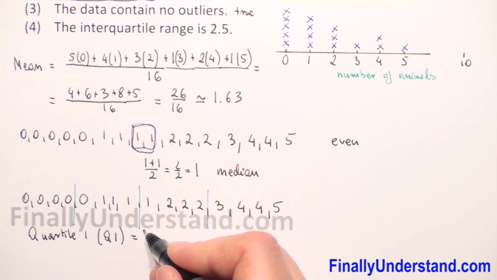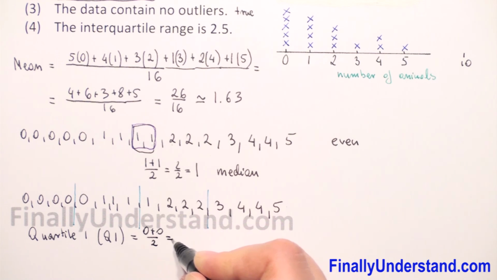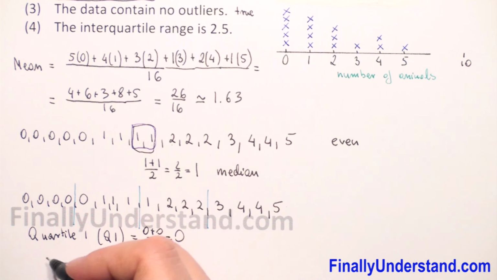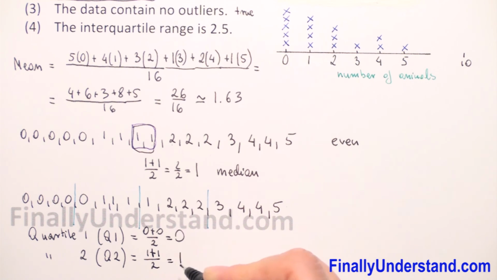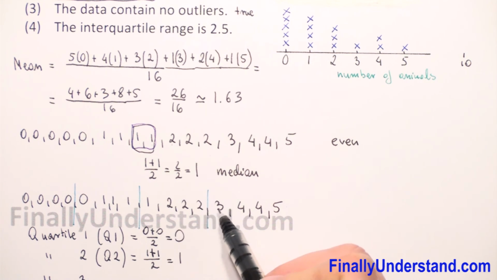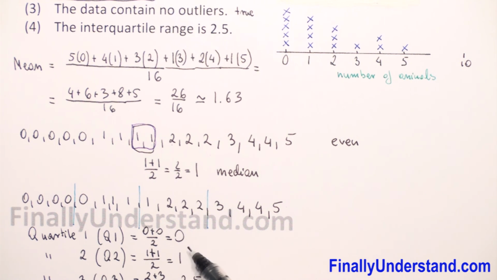So we have 0 plus 0 over 2, so it will be 0. Next, the second quartile will be Q2. What is 1 plus 1 over 2, so this is 1. And the third, what will be 2 plus 3 over 2, so this is 5 divided by 2, so this is 2.5.